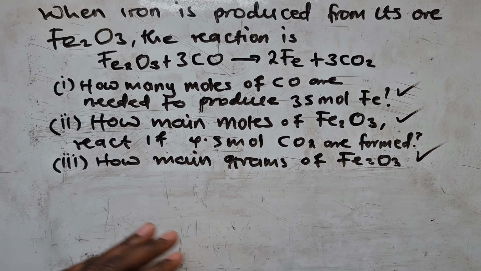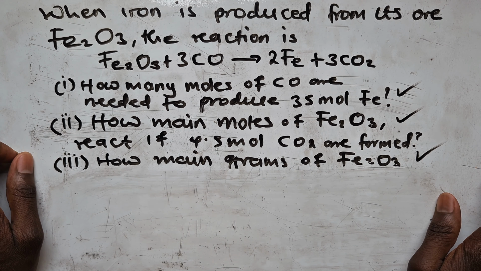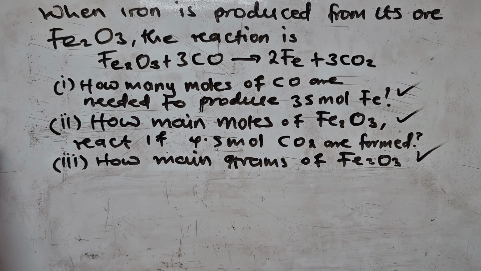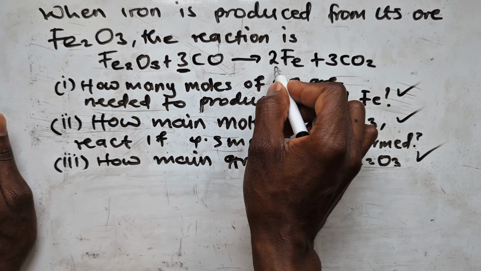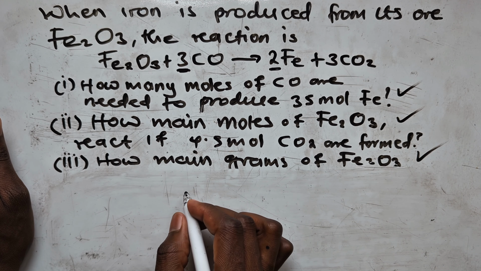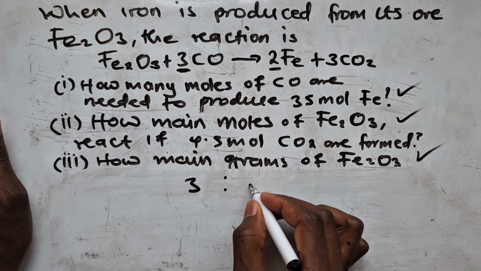All right, we proceed. So the first question, they're saying how many moles of carbon monoxide are needed to produce that, meaning that we need to come up with a mole ratio between this mole and the one which is here for iron. How do you write a mole ratio? It has to be 3 to 2.